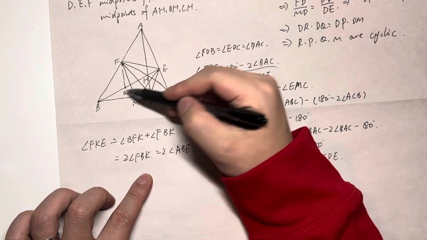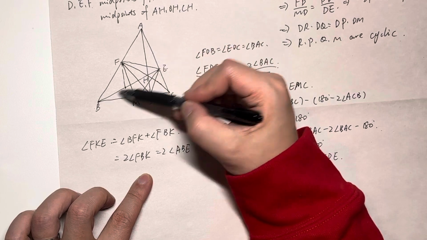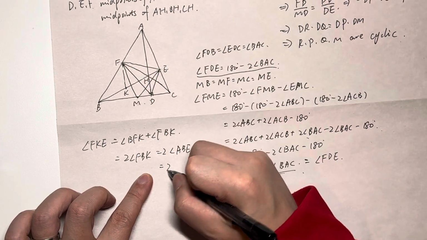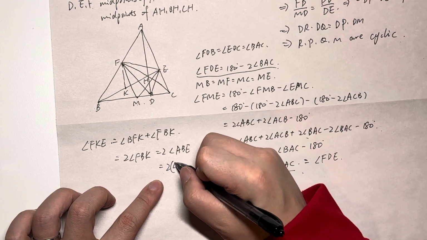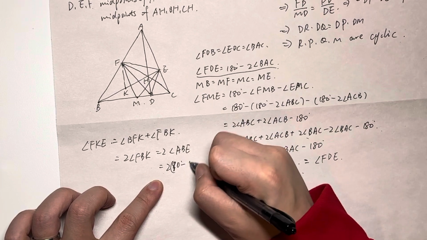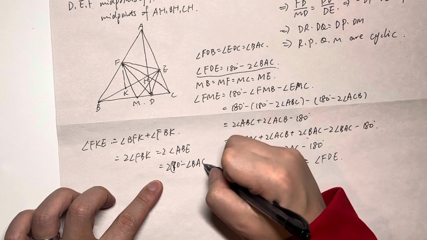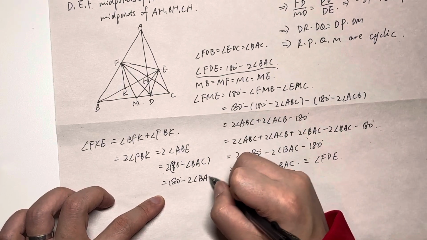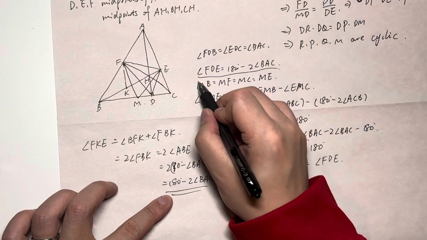And angle ABE, because triangle ABE is a right triangle, so angle ABE equals to 90 degrees minus angle BAE, which is BAC. So it equals to 180 degrees minus twice of angle BAC, right?